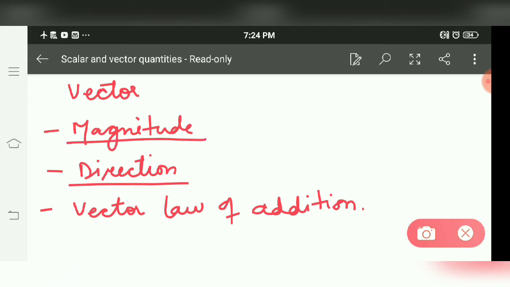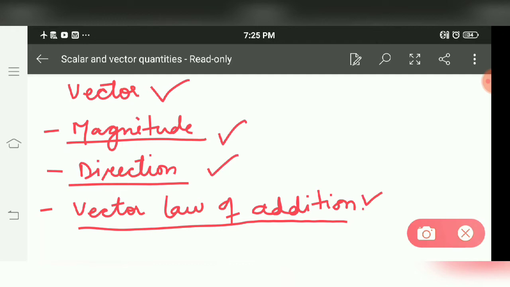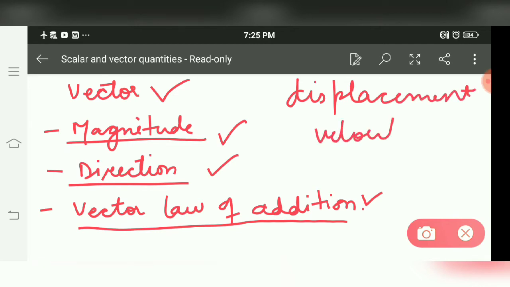So magnitude, direction and follow vector law of addition. These are called vector quantities. For example, vector quantities are displacement, velocity, acceleration, force and so on. There are a number of examples.